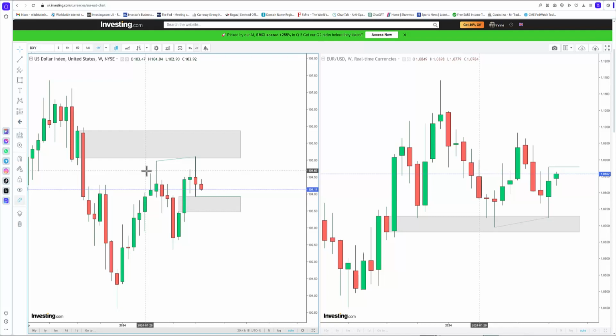We've got ECB on Thursday. CPI on Wednesday also is going to provide displacement on Euro USD. So on Euro USD we are leaning towards long opportunities. On dollar we are leaning more towards short opportunities. So there's no need for me to be looking at Aussie dollar or New Zealand dollar or pound USD.